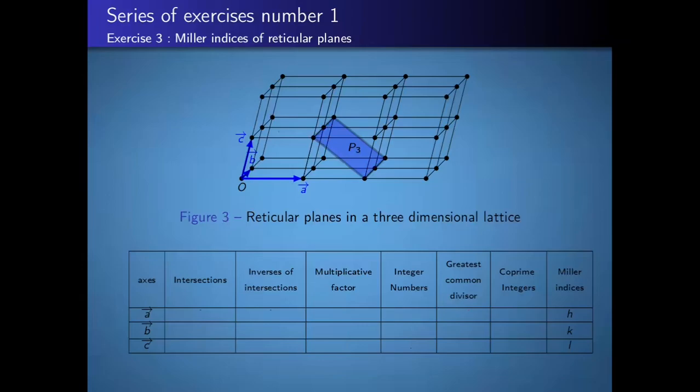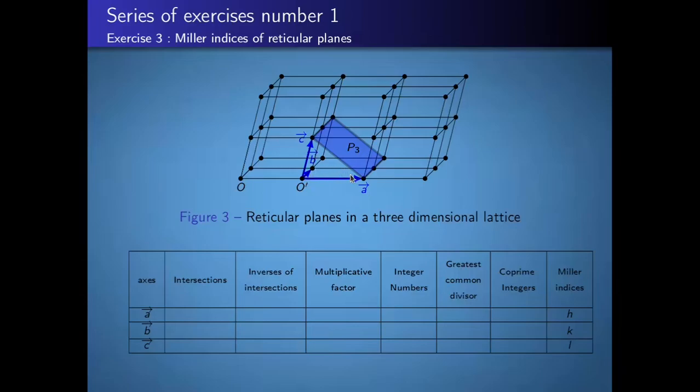For the plane P3, we have to do a change in the origin to find the intersection. We change the origin from here to here, like this.